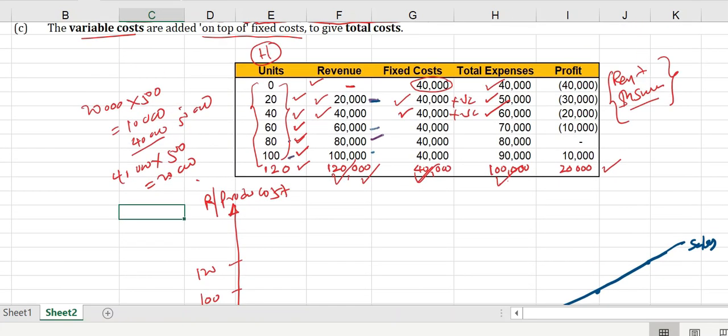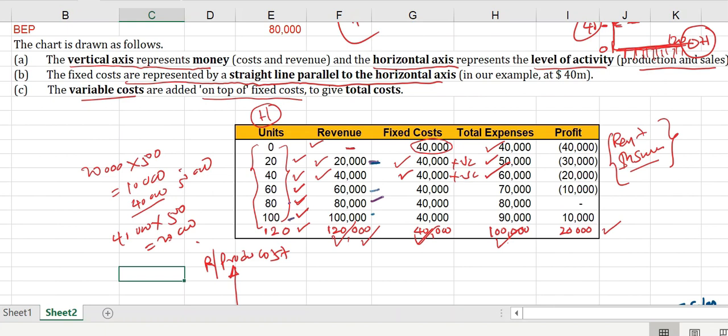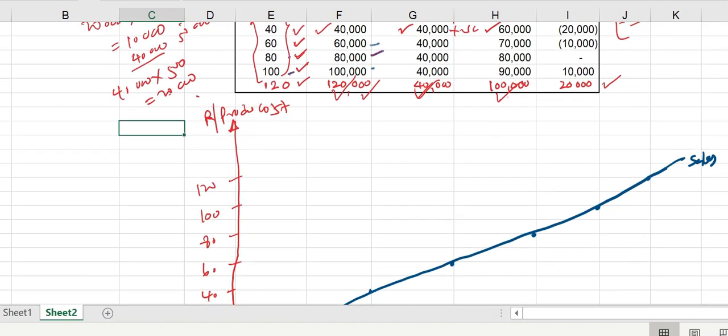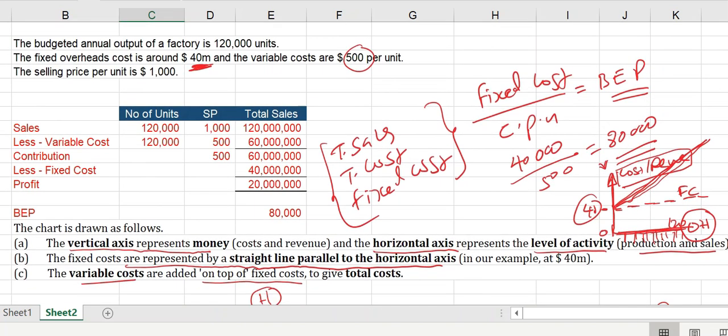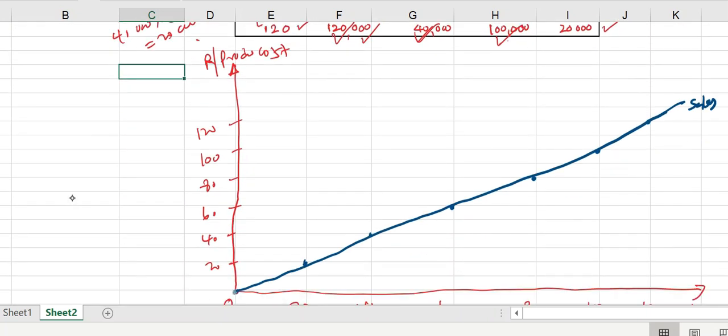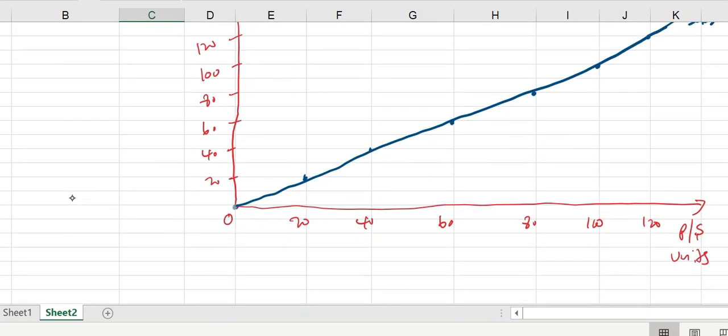Next we'll plot the fixed cost line, which is 40 million. In this question it is given fixed cost as 40 million. So if you produce 0 units, still you have to incur fixed cost. If you produce 20,000 units, then your cost will be 40 million. 40,000 units, still it is 40 million. 60,000 units, 40 million.